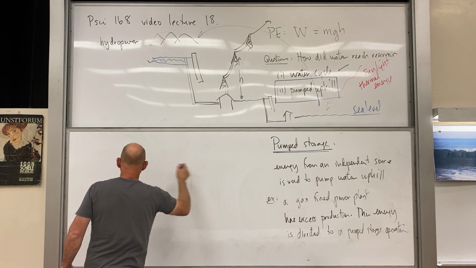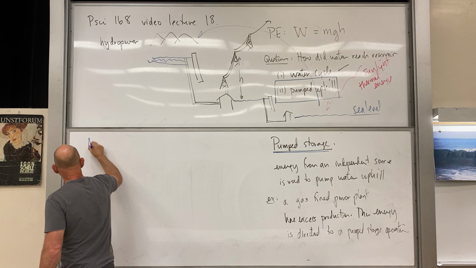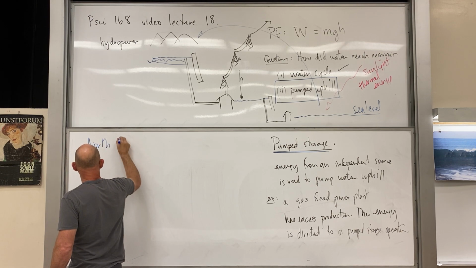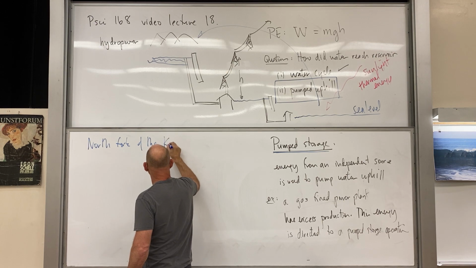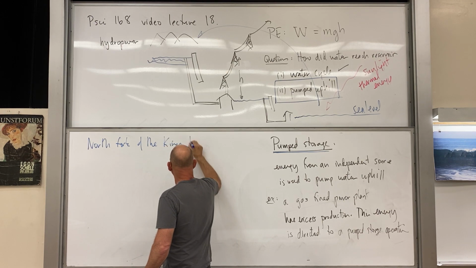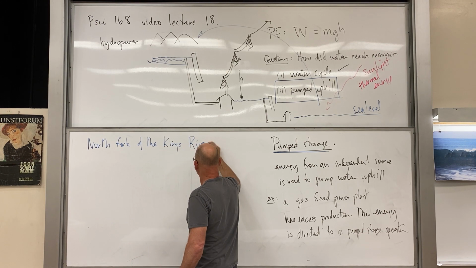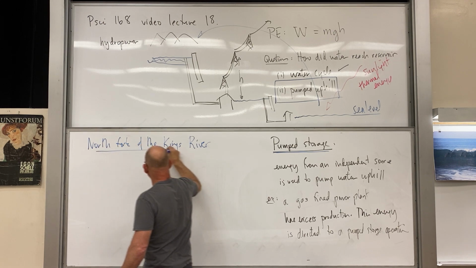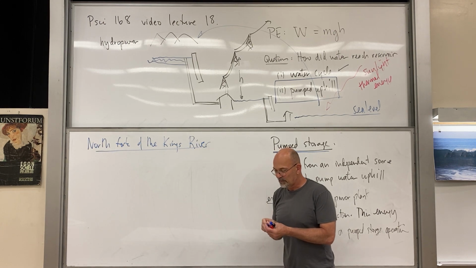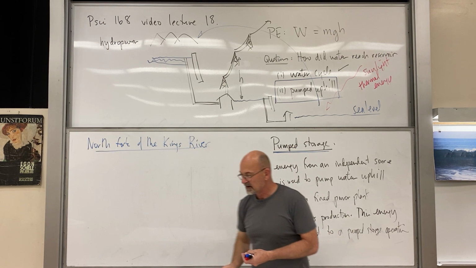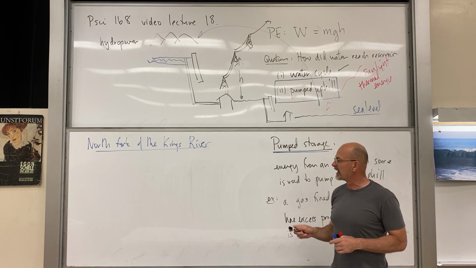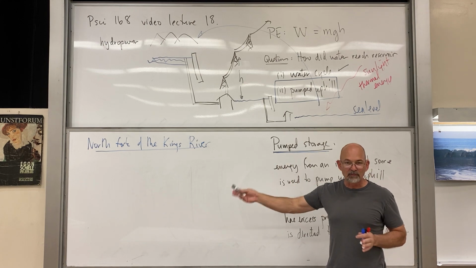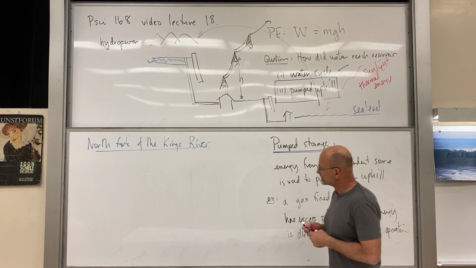Of course, you want to get images from that too, but North Fork of the Kings River. And I'm just going to put a list of objects up here that I want you to get images from, and you can get a good picture in your mind of what's going on here.